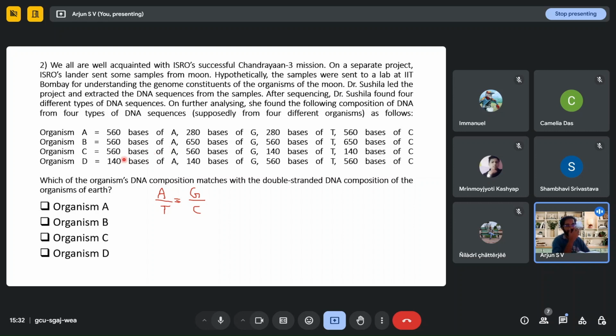In organism C and D, you can see that A and T are not equal. So the right option for this question will be organism B, where we have 560 of A and T, and 650 of G and C.